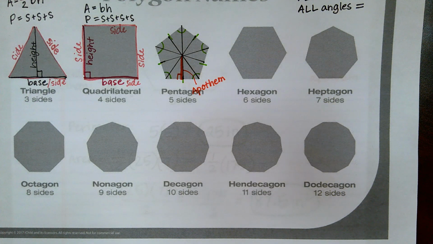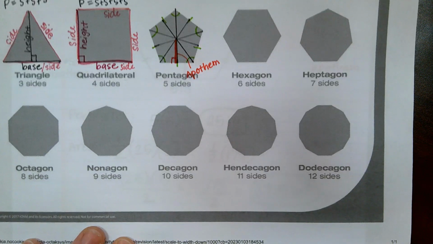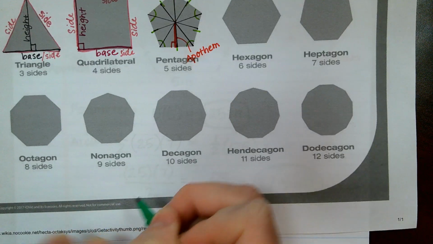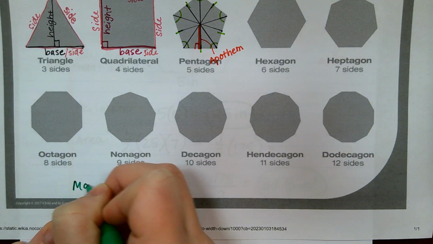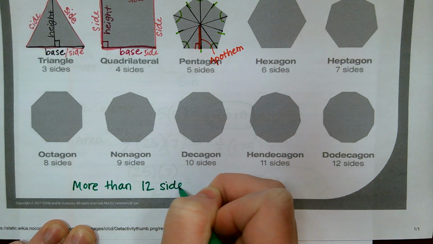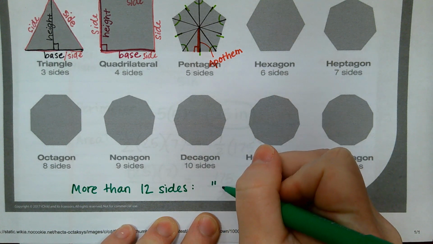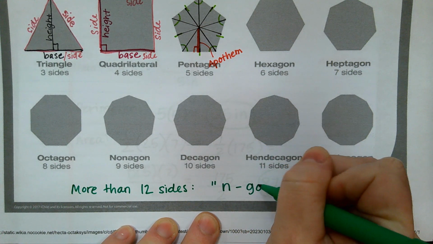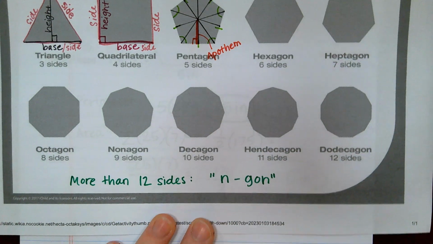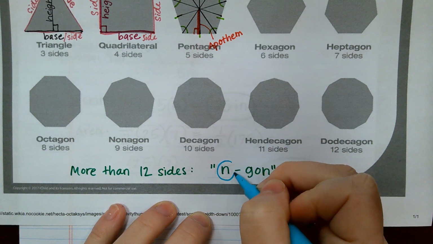Now, I wish they would have just done this after 8 or so, but anything above 12 sides, more than 12 sides, we call it an n-gon. And when I say n-gon, n is actually a variable.